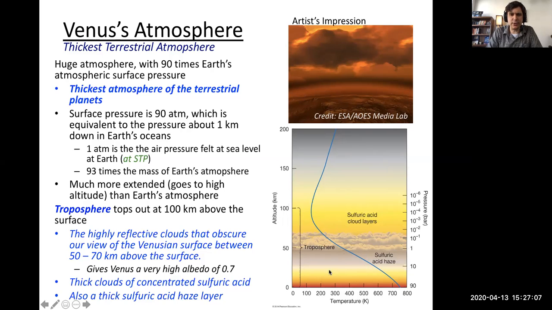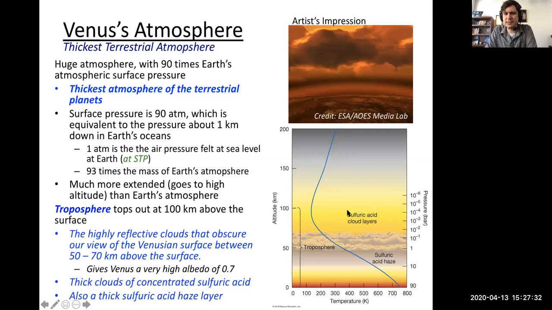And since pretty much all the weather occurs there, all the clouds of Venus are in there. So those highly reflective clouds that are blocking our view of the surface of Venus in visible light hang out at about 50 to 70 kilometers above the surface. And clouds are very reflective, right? They're white and bright in the sky, which means that Venus is going to end up with an albedo of 0.7.